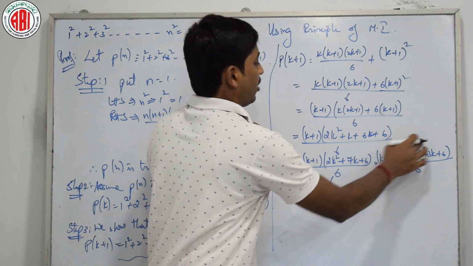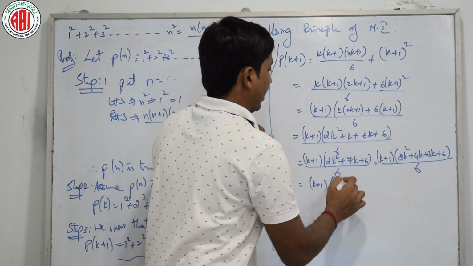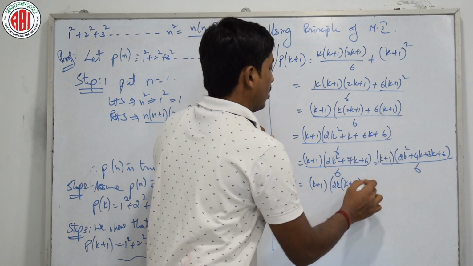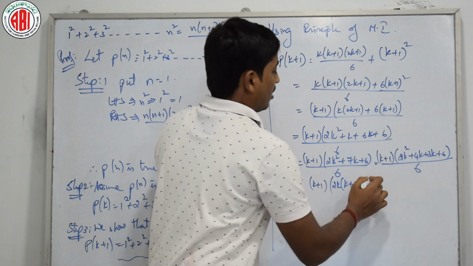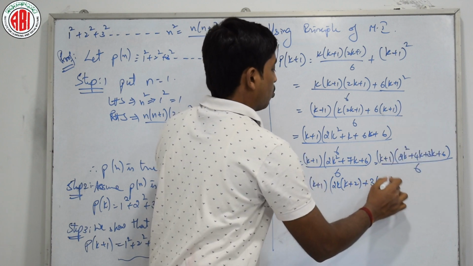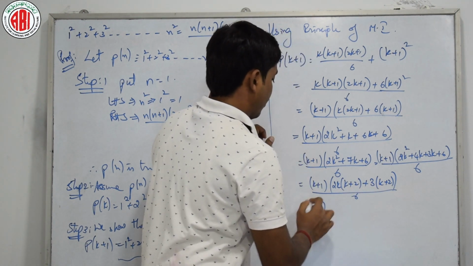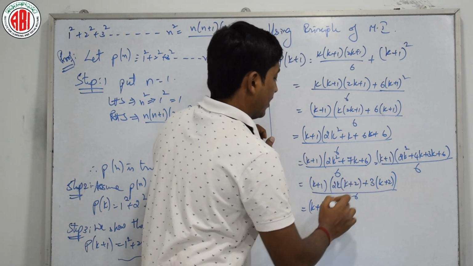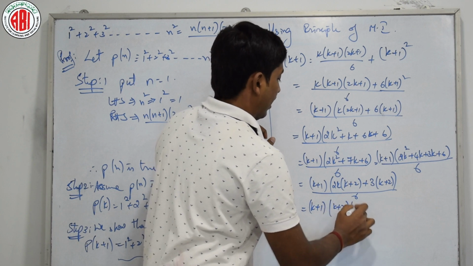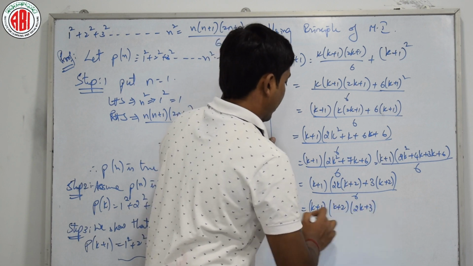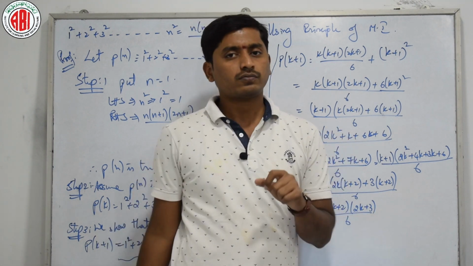Then if I take 2k common from the first two terms, I will get k plus 2. And if I take 3 common from the next two terms, I will get k plus 2, whole divided by 6. Yes, k plus 1 into, we can take k plus 2 common here, then I will get 2k plus 3, divided by 6.